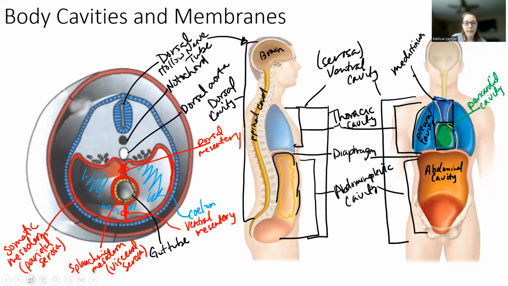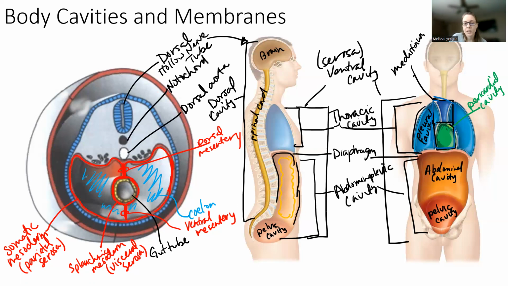Now, the pelvic cavity is not actually really separated by anything physically. And I say that because there's not a bone, there's not a muscle that actually separates the abdominal from the pelvic cavity.